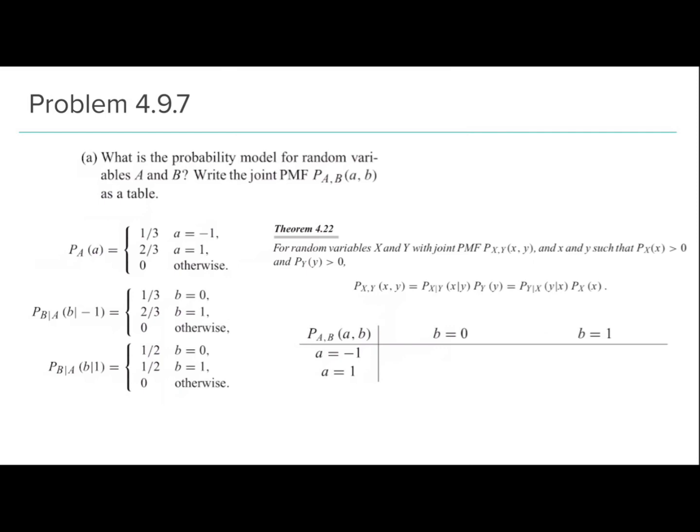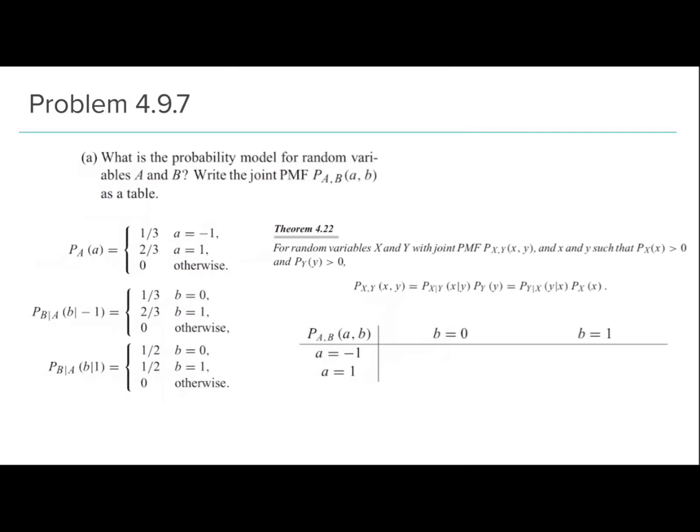And this is basically Theorem 4.22, which states that the joint PMF P of X comma Y is equal to P of X given Y times P of Y, which is also equal to P of Y given X times P of X. So this is what our table will look like.